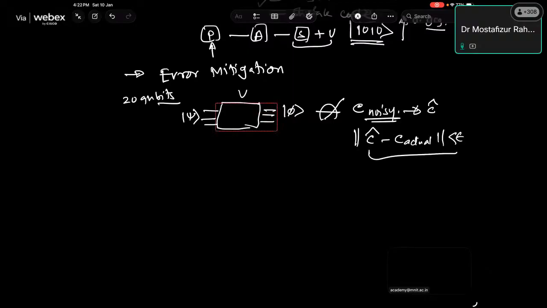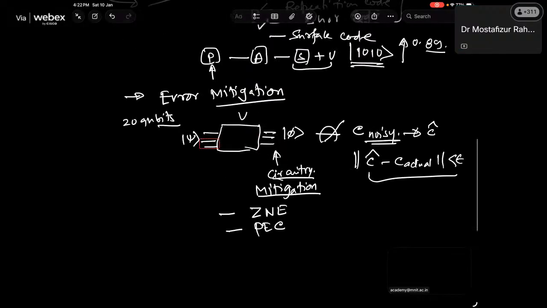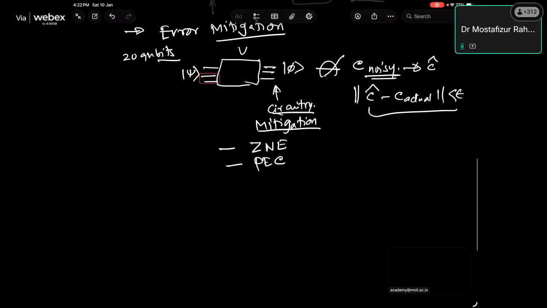To do that, we design various quantum circuitry to mitigate this kind of error, and those sets of algorithms are known as error mitigation algorithms. For example, those of you using Qiskit will see protocols like ZNE, zero noise extrapolation, or PEC, probabilistic error cancellation. These are some of the methods used in error mitigation techniques to make your estimated information as close as possible to the actual one.